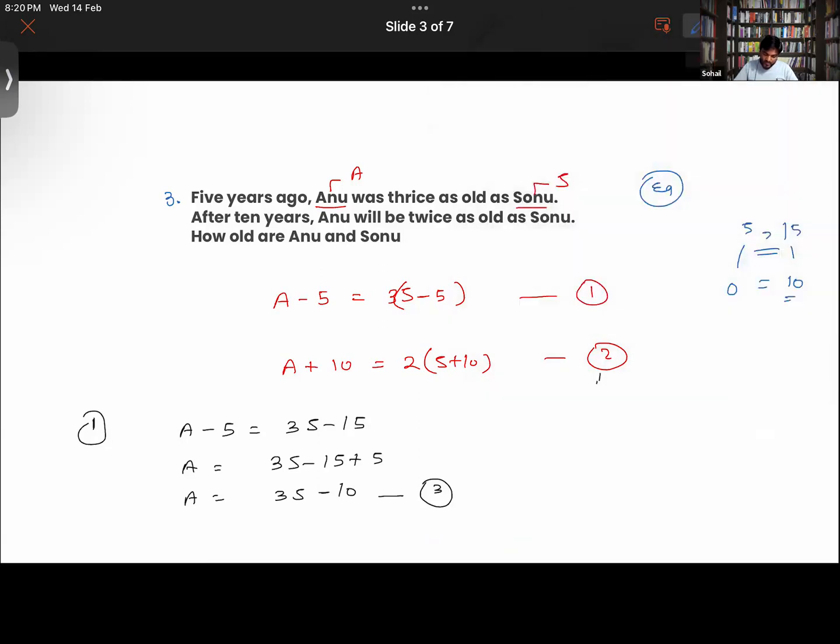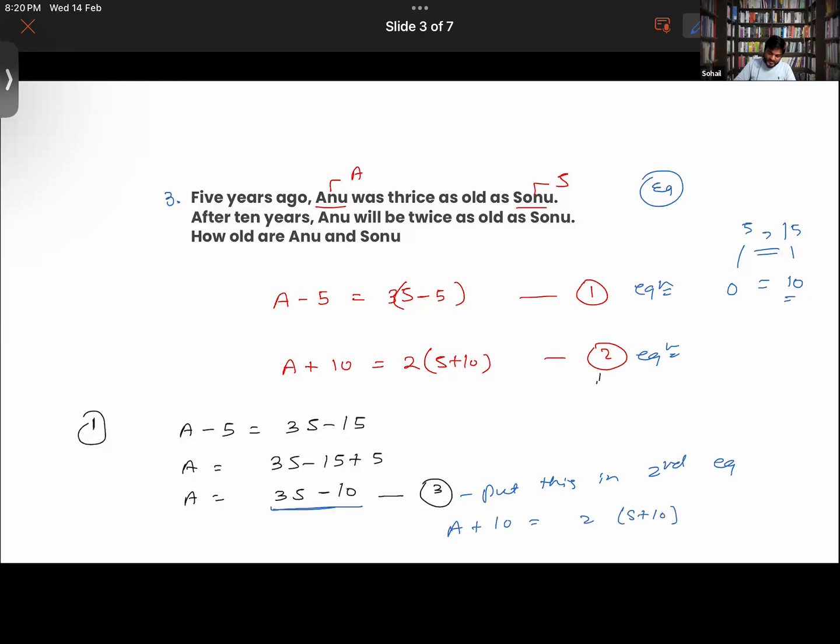See what we are going to do now. We have found the value of A equals 3s minus 10. Now you can put the value of A in the second equation. So it will be A plus 10 equals 2 times (s plus 10).